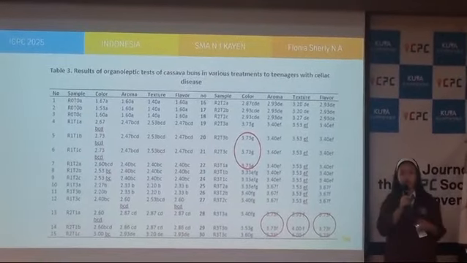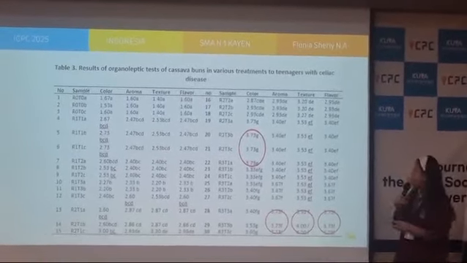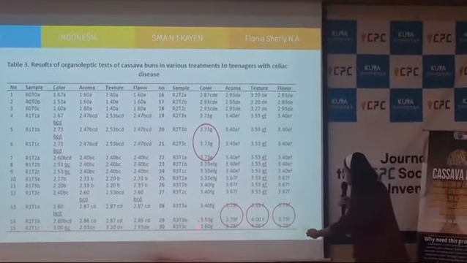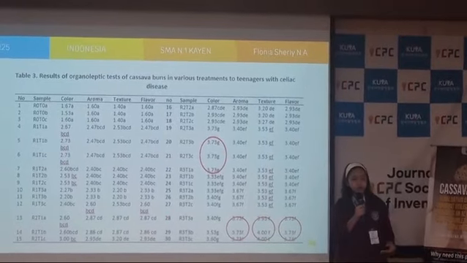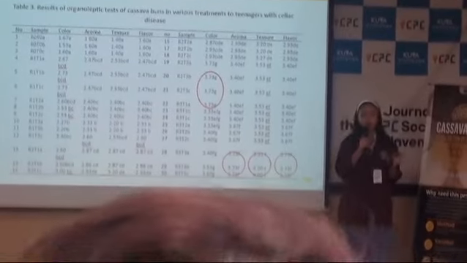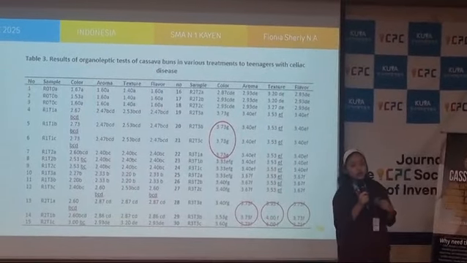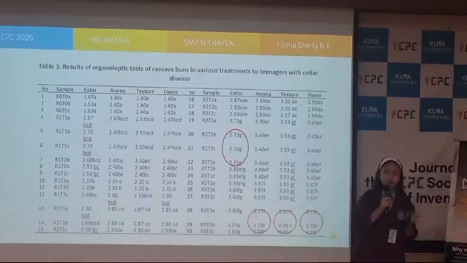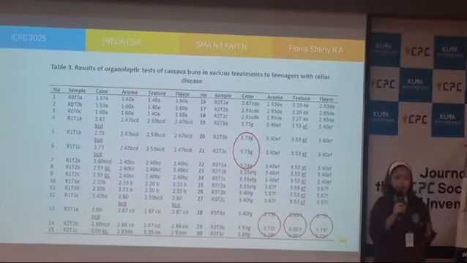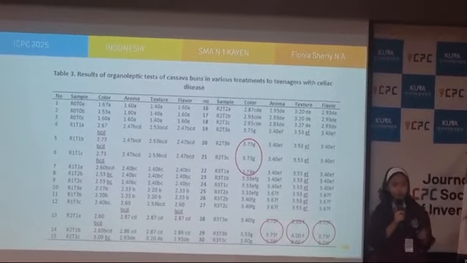In the observation of aroma, samples R3T3A, R3T3B, and R3T3C are the most preferred samples compared to the others. This is because the bread made from wheat flour still produces a flowery and fishy aroma. Meanwhile, the bread made from cassava doesn't produce such aroma.